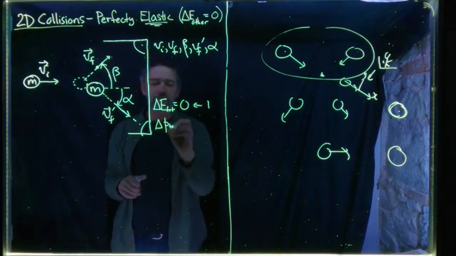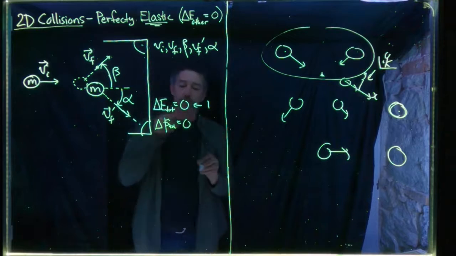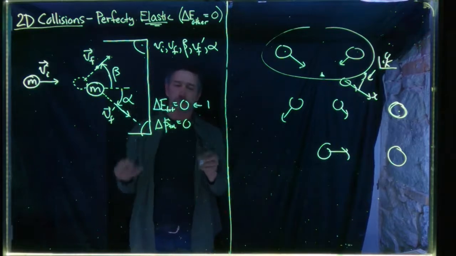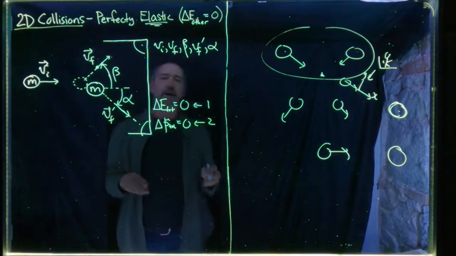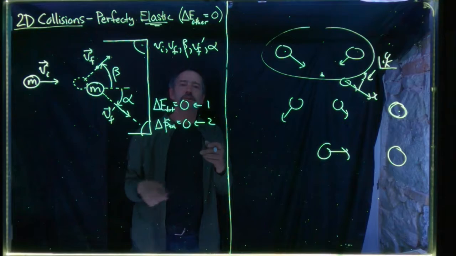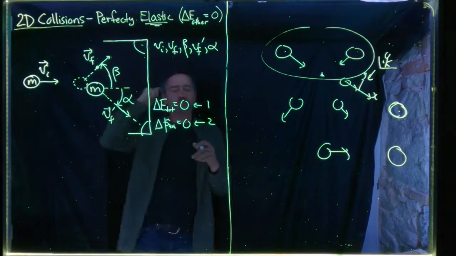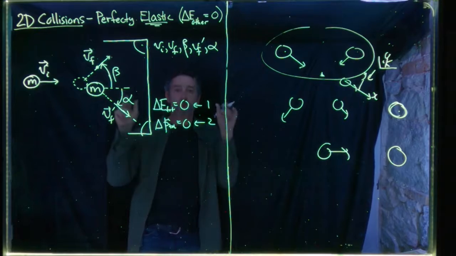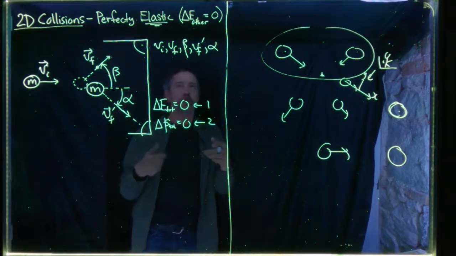So delta P total equals 0. This is a vector equation in 2 dimensions, which means that it's 2 equations. So we have 3 equations, but we have 5 variables. So we are able to select 2 of those as known and then solve for 3 of them.